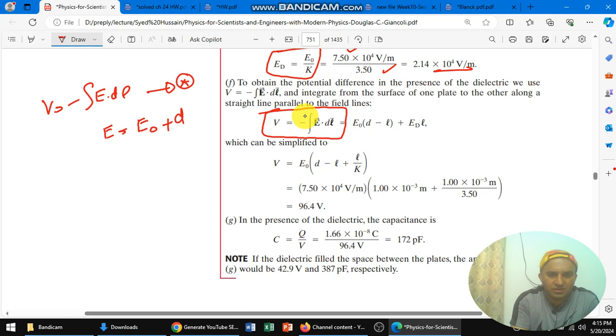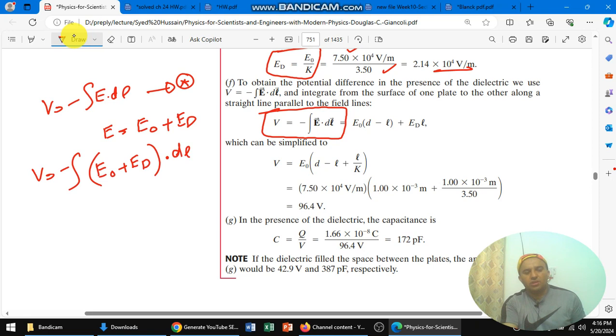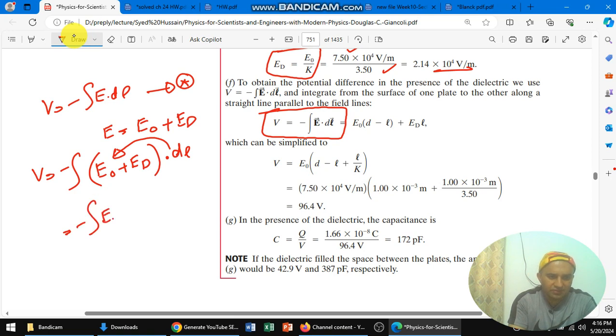So E is equal to E naught plus E_D. In the previous case, we already know this E naught plus E_D. So we put this value in the V formula above: V is equal to minus integral of (E naught plus E_D) dot dl. Now the dl can be multiplied with each factor: minus E naught dot dl plus E_D dot dl.